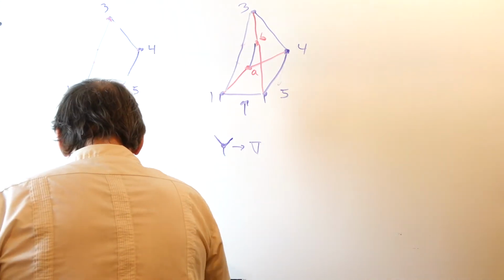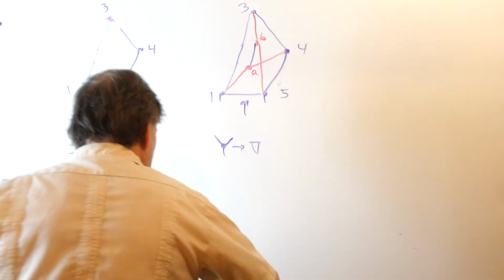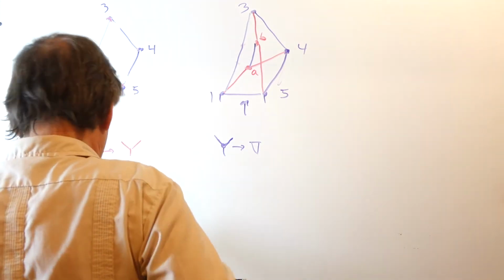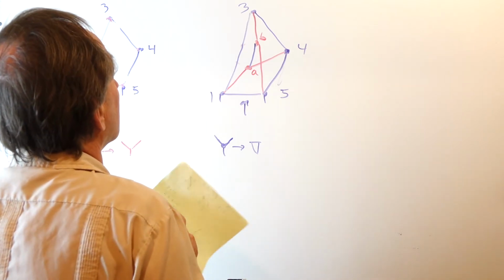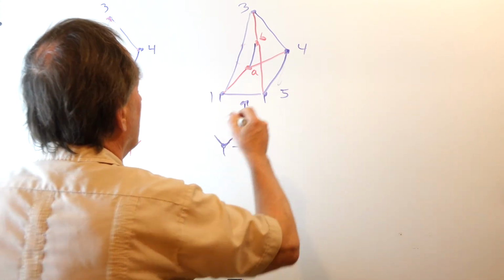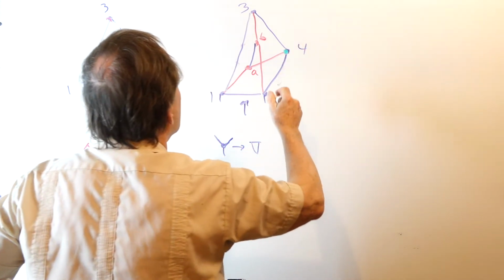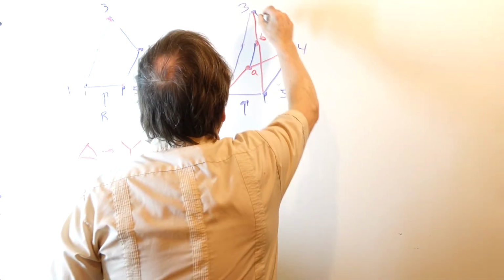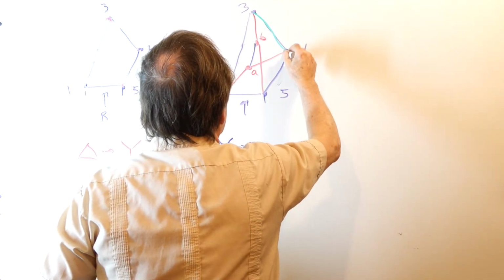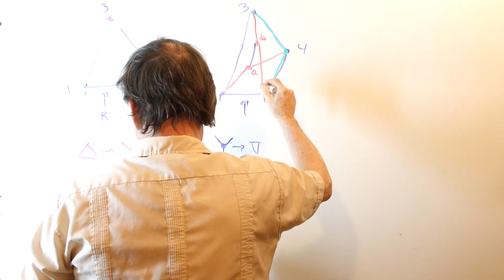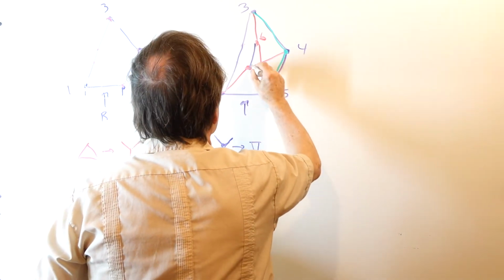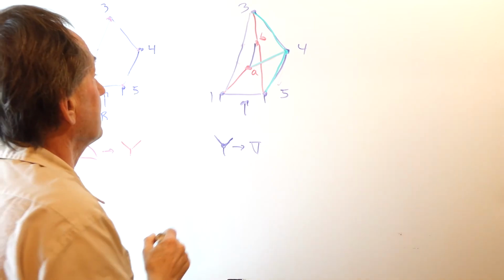So now, if we look at the combination here, we're going to go from 4 to 3, 4 to 5, and 4 to A. So there's our Y connection.